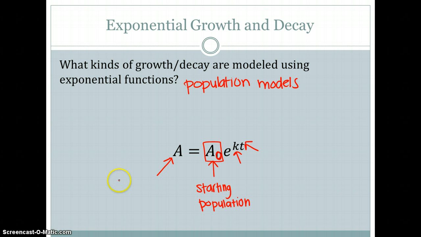That means A would be your final population, where you end up after so many years. t is the number that always represents our time, and we're going to be talking about it in number of years.